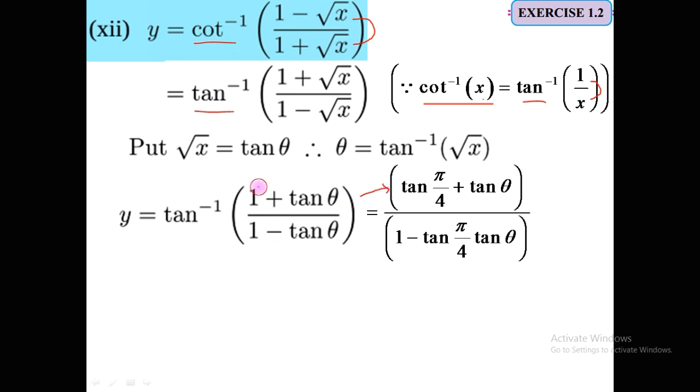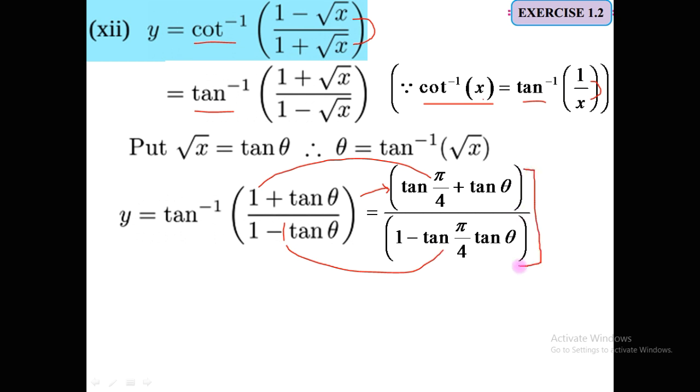So 1 I am replacing by tan of pi by 4, and here tan theta as it is, this one as it is, and here I am imagining this as 1 over here and I am replacing this one as tan of pi by 4.